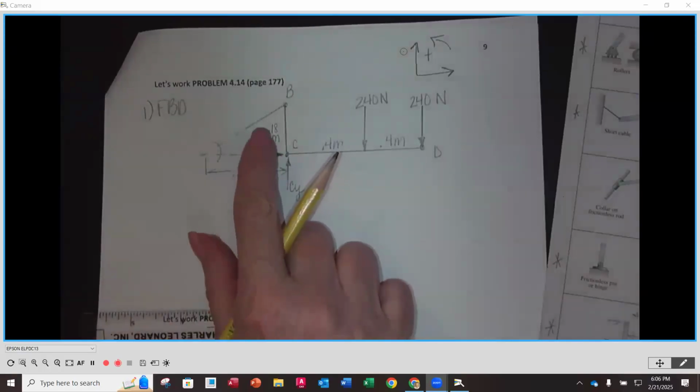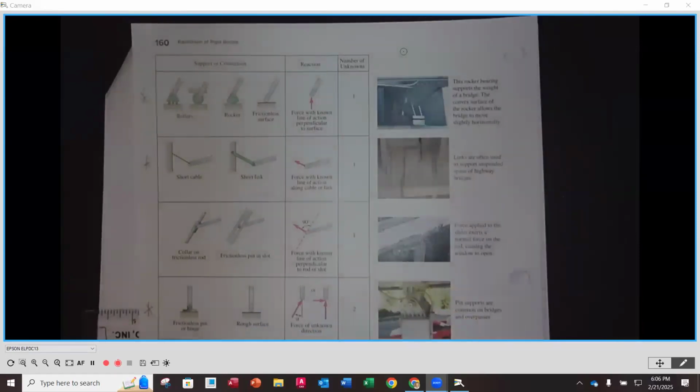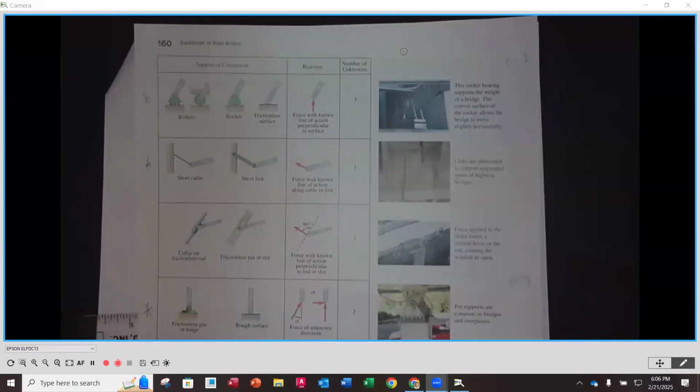Let's talk about B. B is a cable. Okay, if we go back to page 160, B is a cable. Now, a cable can only support when it is in tension, meaning it's going to be along the cable, pulling away from the body. If you recall, we identified that early on in our guided notes.